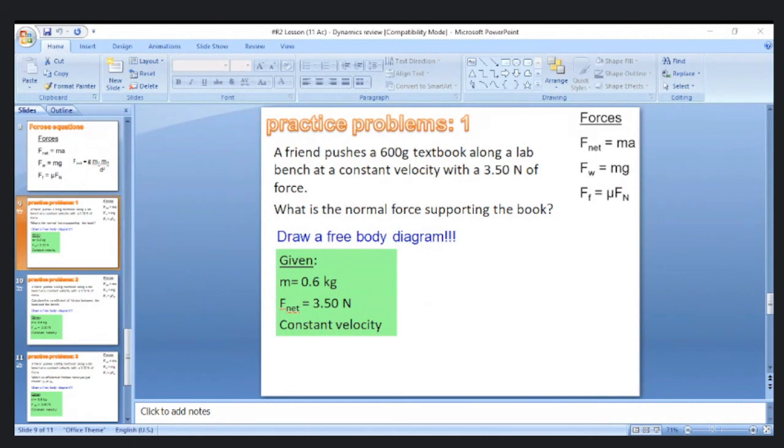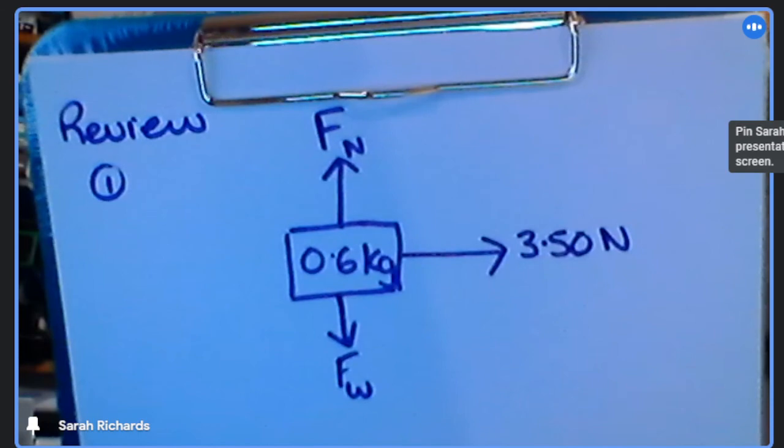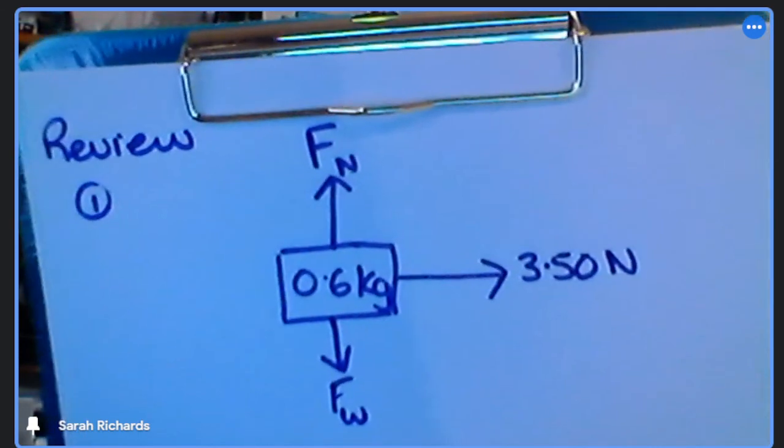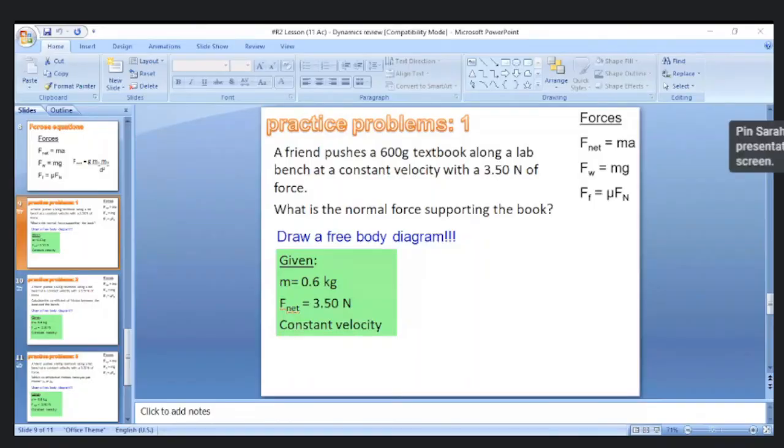Zero newtons. So what is the normal force applied to the book? So we just would like to figure out what the normal force is applied to the book.